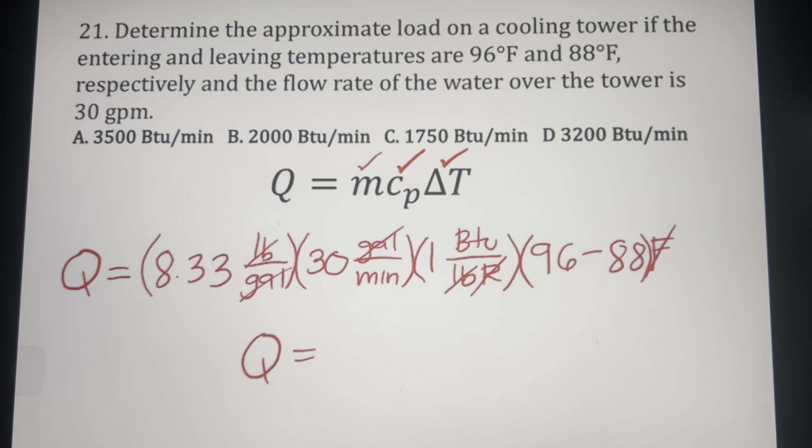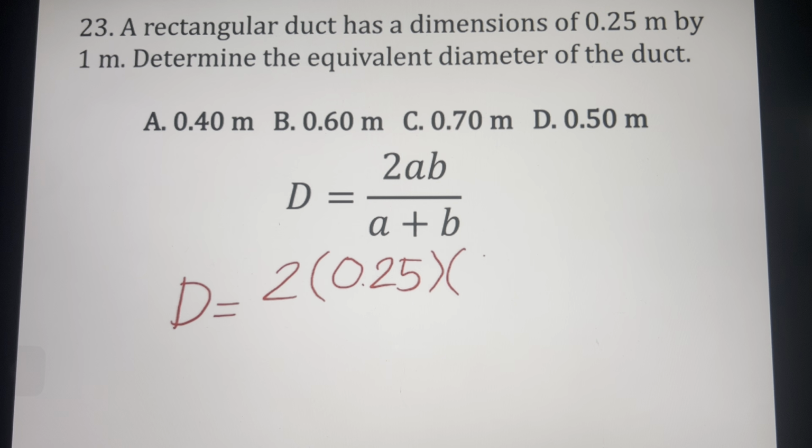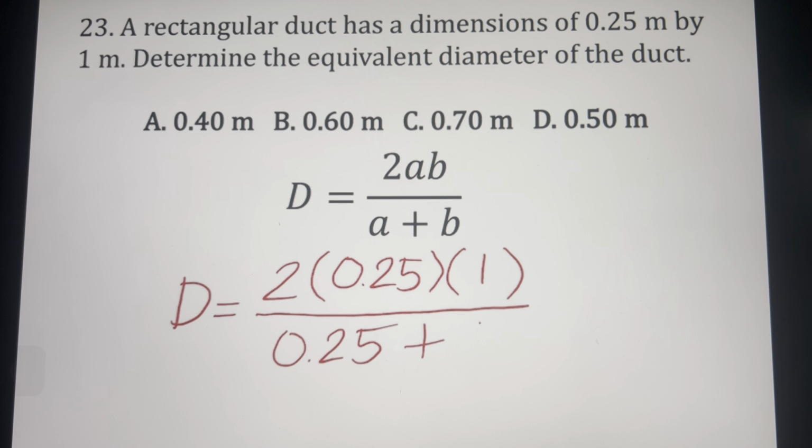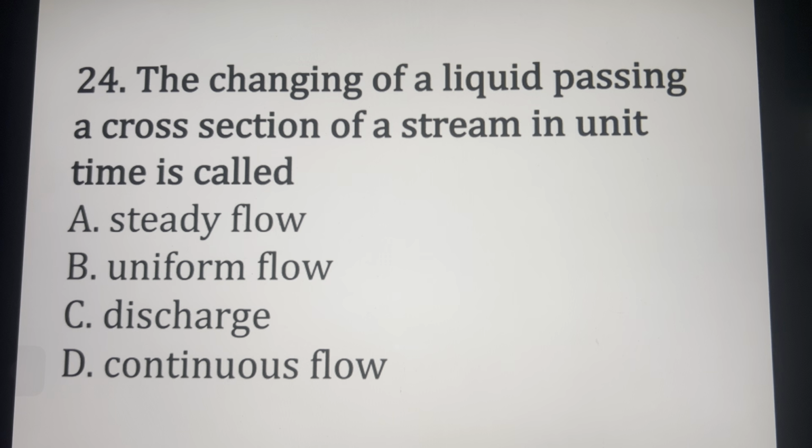So the equivalent diameter is 2 times A. Let's use the first dimension as 0.25, and B is the second dimension, 1, over A plus B. What is the equivalent diameter? So that is 0.4 meters.